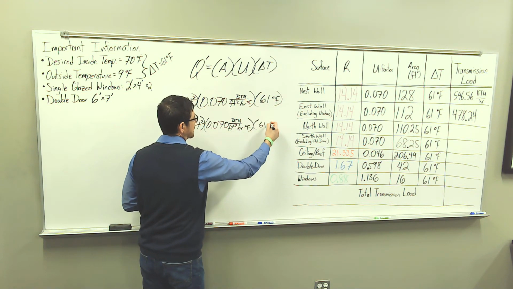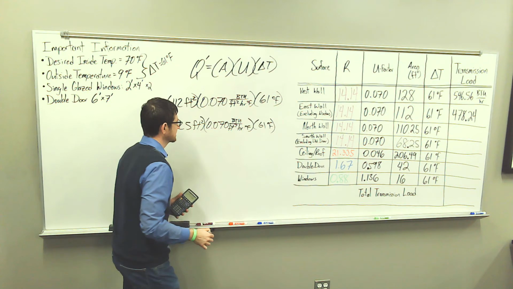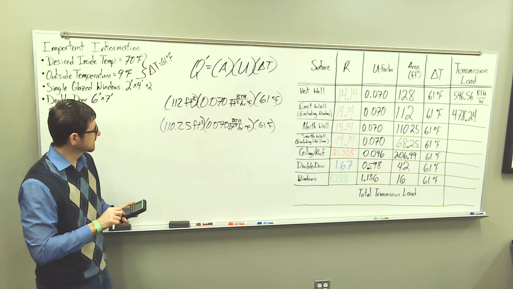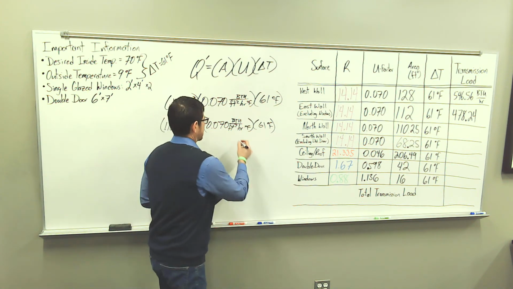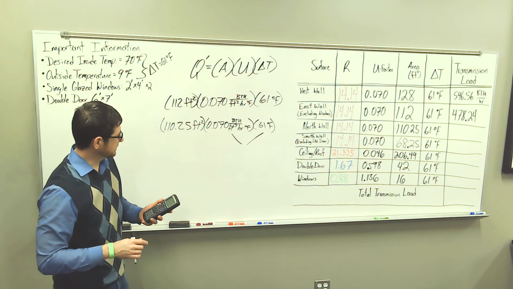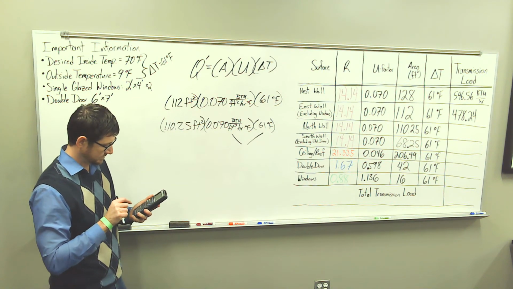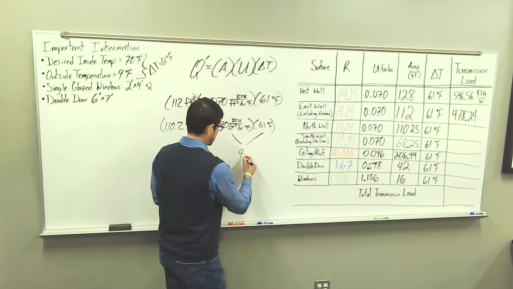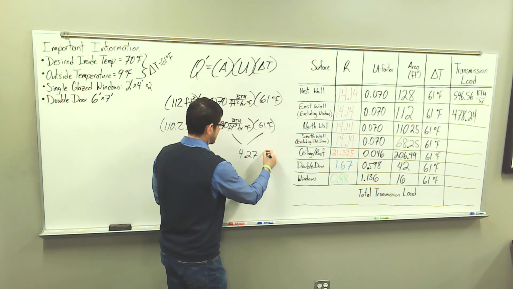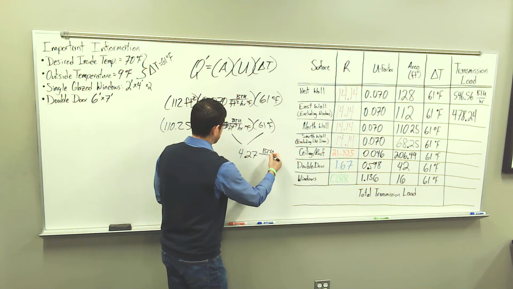We'll multiply by 61 degrees Fahrenheit. Let's calculate this value here. It's going to be 4.27 BTUs per foot squared hour.